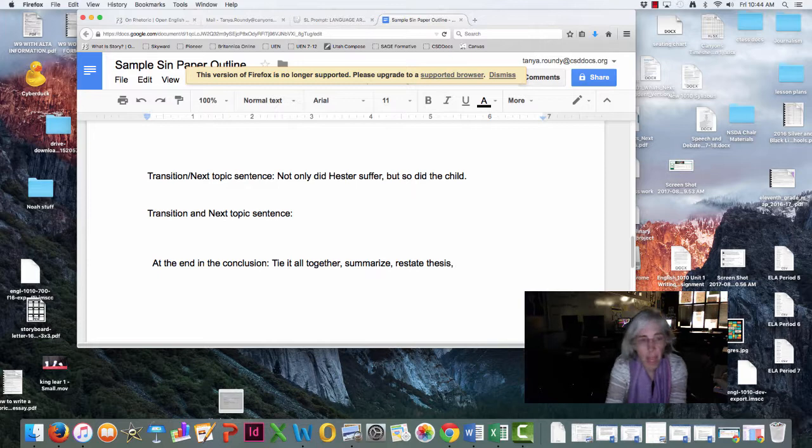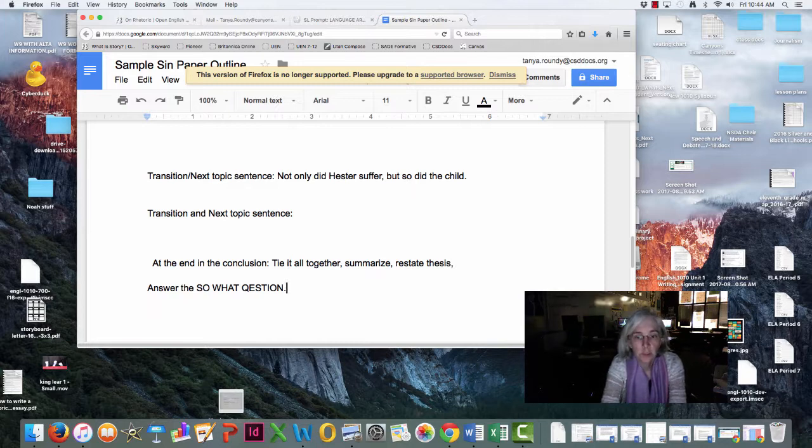So for example, I might use with this paper, well, we all sin and it causes unintentional harm to others at times, beyond our control.